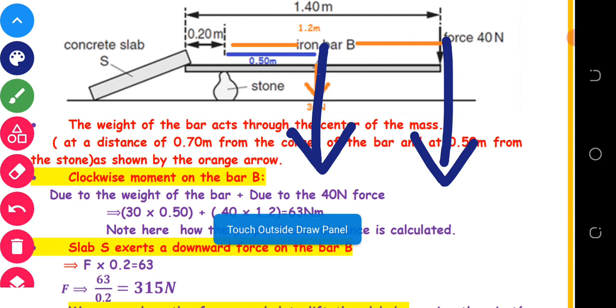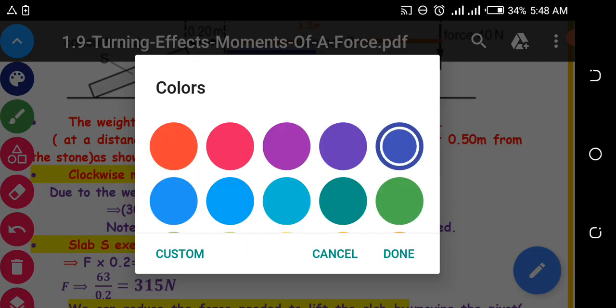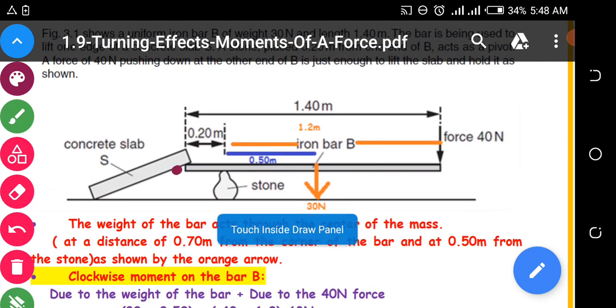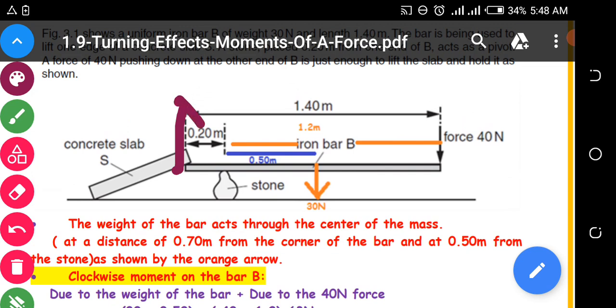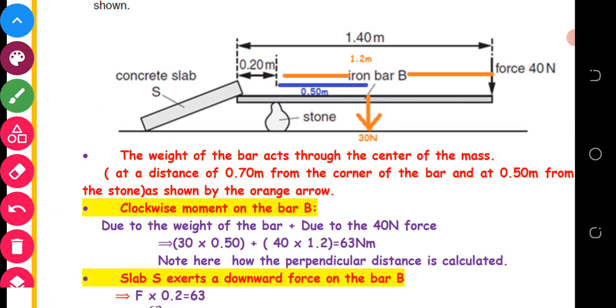Then we go to the anti-clockwise moments. For the anti-clockwise moments, we only have one force. We only have the force that's holding the slab away from the ground. So that force holding the slab is 0.2 meters away from the pivot.